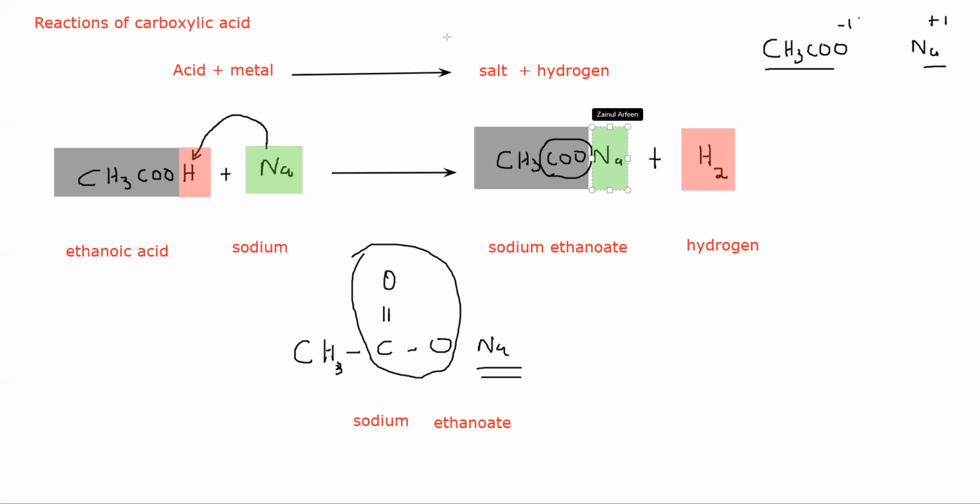So for example, how many hydrogen in the pink shade on the right hand side? On the right hand side is 2. On the left hand side, how many hydrogen in the pink shade? 1. So I put 2 so that hydrogen is balanced.